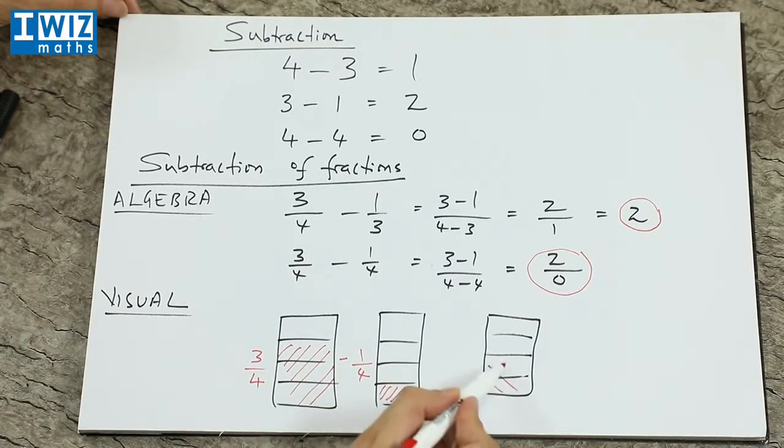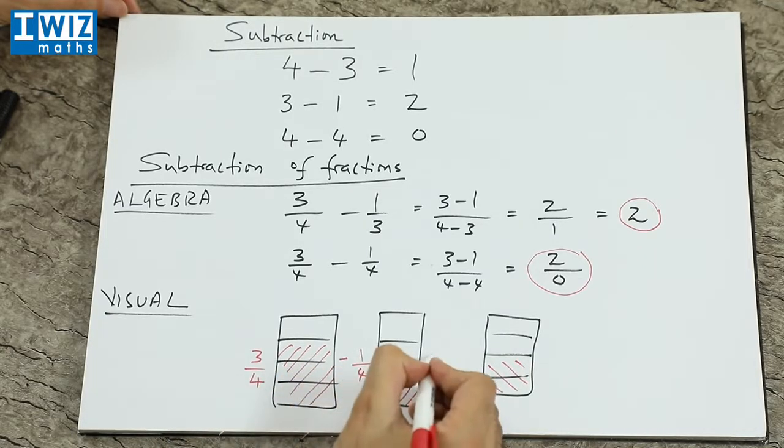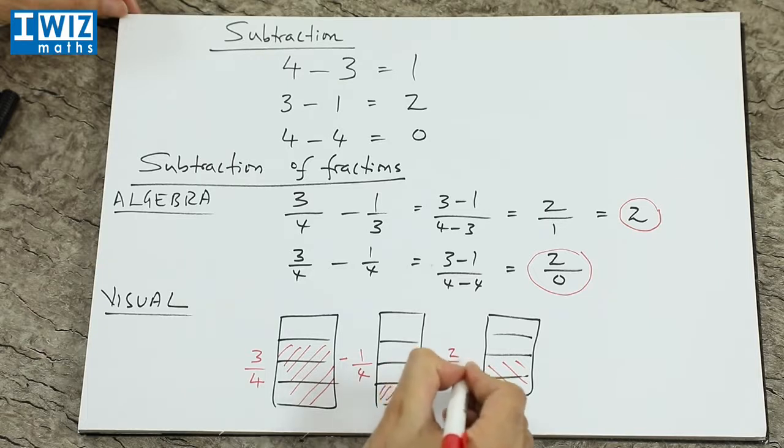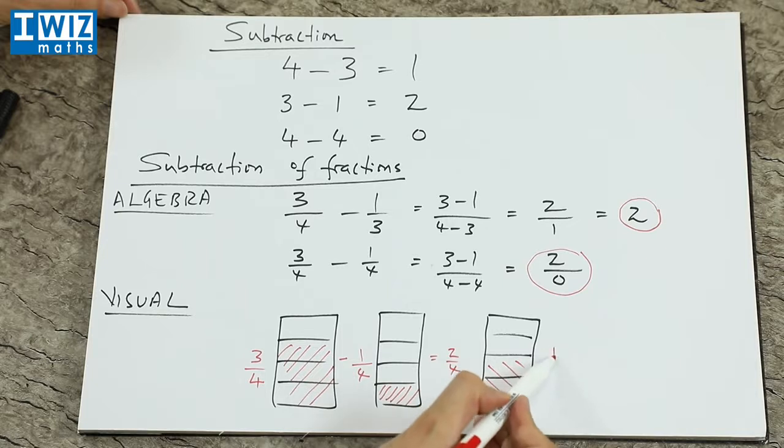So what we do is you just color 2 of the 4 parts. So 3 on 4 minus 1 on 4 is just equal to 2 divided by 4, and 2 upon 4 is essentially just 1 divided by 2.